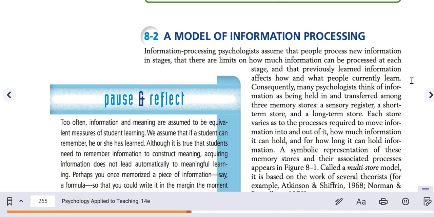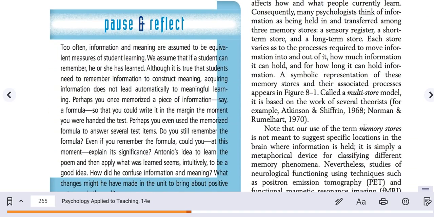Each store varies as to the processes required to move information into and out of it, how much information it can hold, and for how long it can hold information. A symbolic representation of these memory stores and their associated processes appears in Figure 8.1, called a multi-store model. It is based on the work of several theorists.